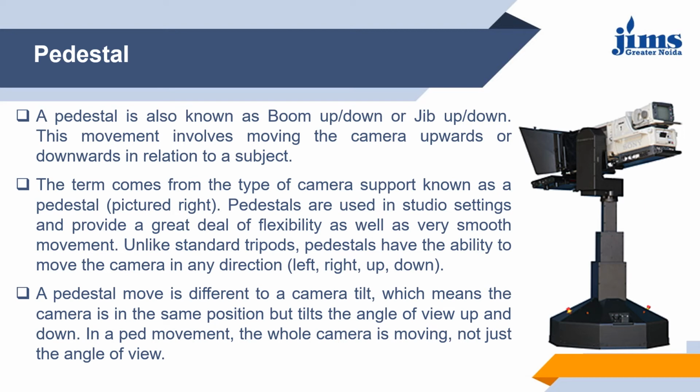Pedestal may look like the tilt movement, but the basic difference is that in a tilt, the camera is fixed on a tripod at a fixed height, and the angle of view is changing from up to down or down to up. But in pedestal movement, the whole camera is moving either down to up or up to down. Not only is the angle of view changing, but the frame is changing.